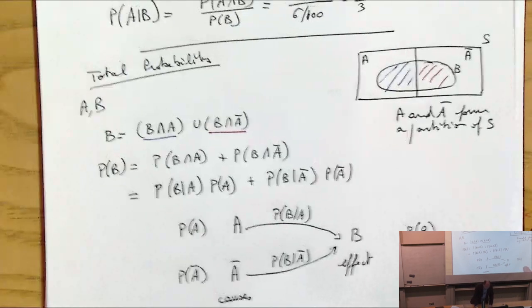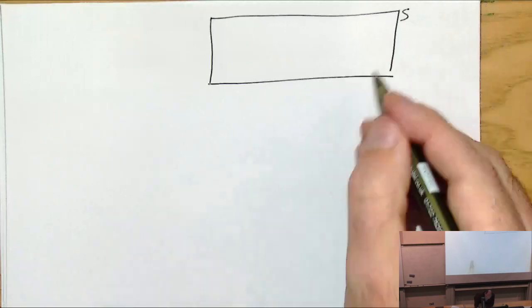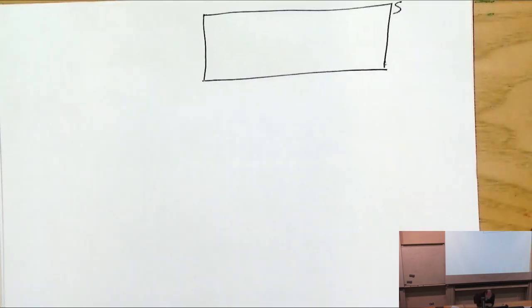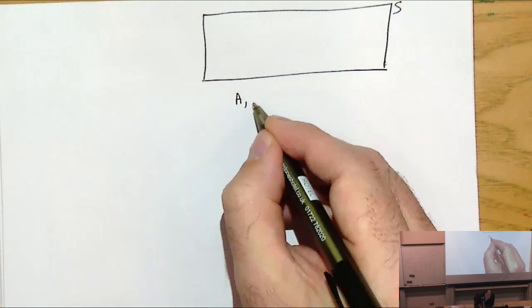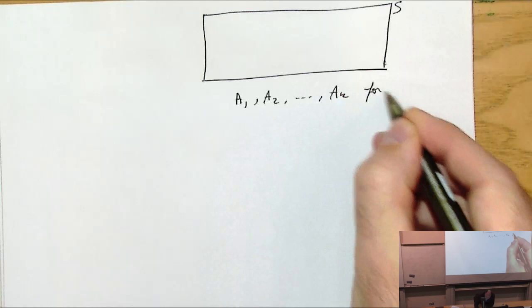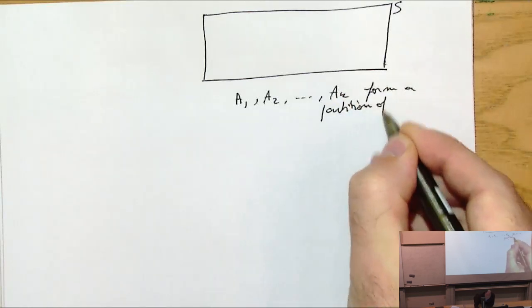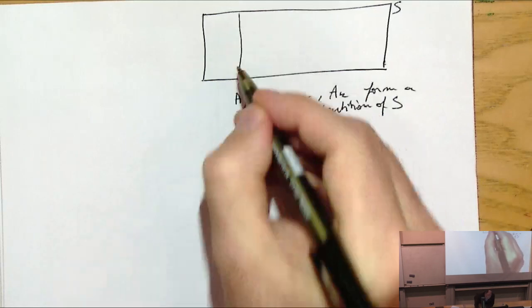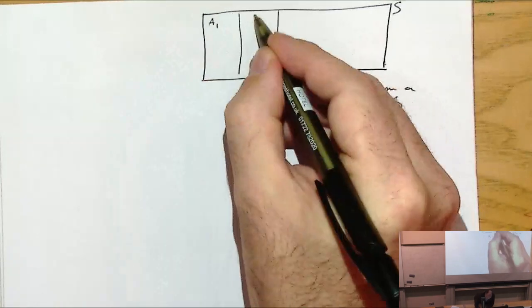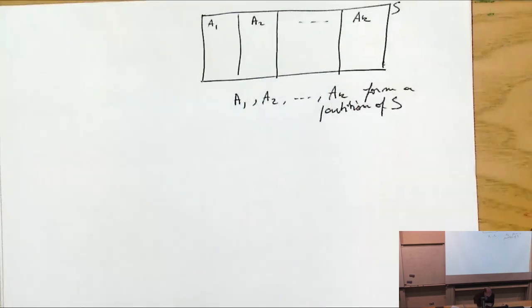So you can have something more general where now you have a certain partition of the sample space. I have the sample space here S, and I have a partition such that A1, A2, all the way to AK form a partition of S. So what that means is that I have A1 here, A2, all the way to AK, right?